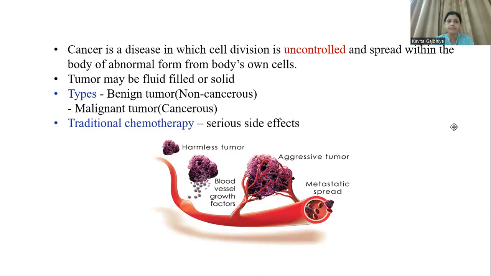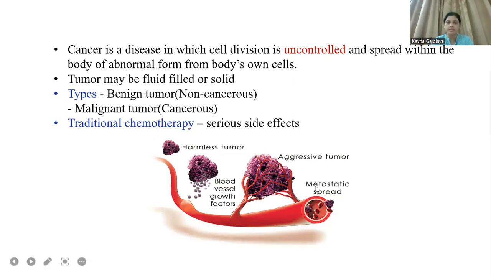And tumor may be classified into two categories: benign tumor, which is non-cancerous in nature because it cannot spread from one area to another area of the body, and the other condition which is known as the malignant tumor, which is carcinogenic in nature and metastatic in nature because it can locate from one area to another side of the body and spread all over the body.